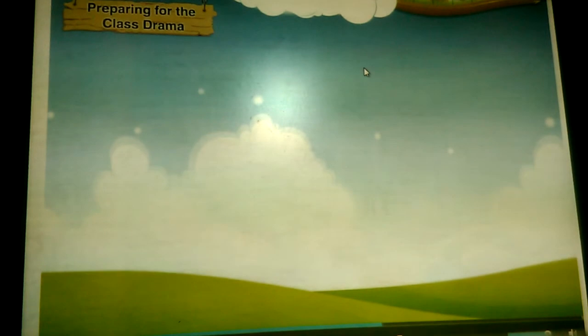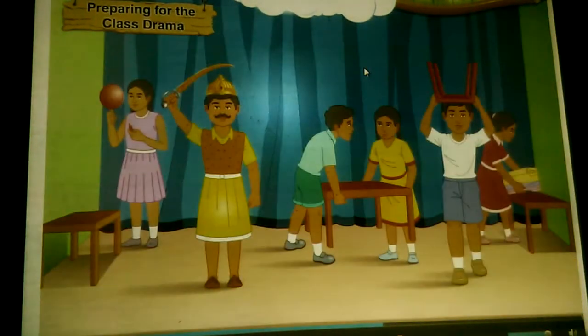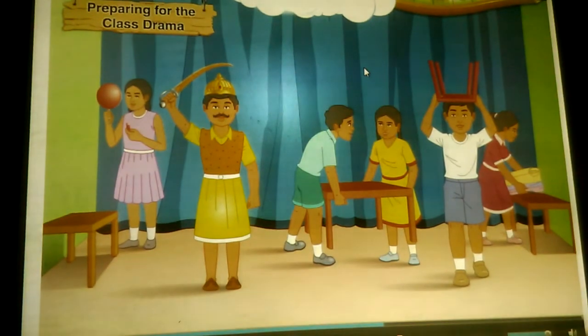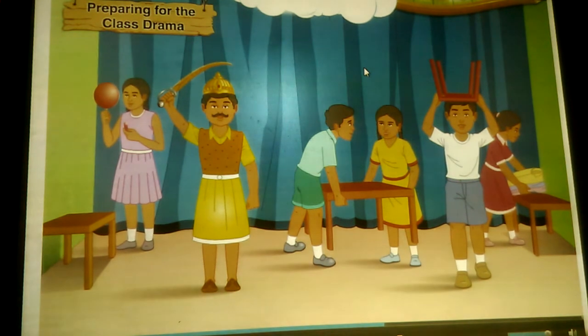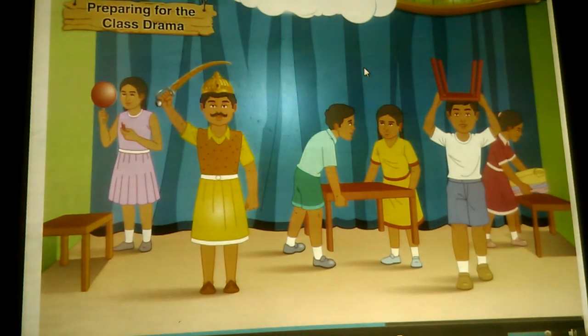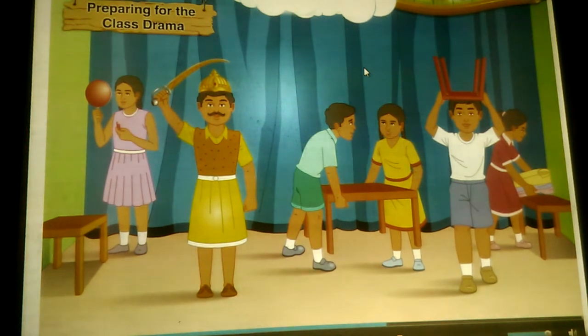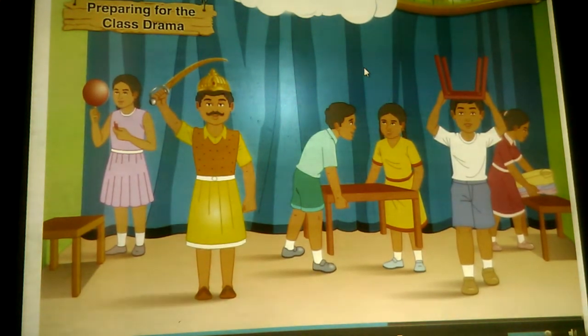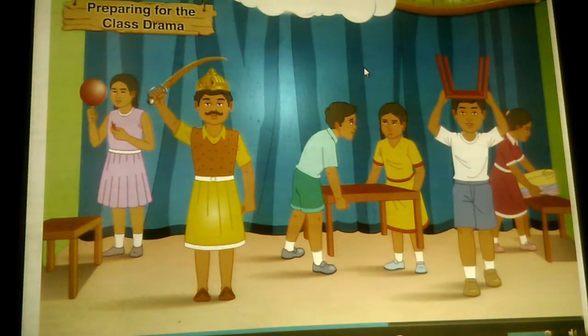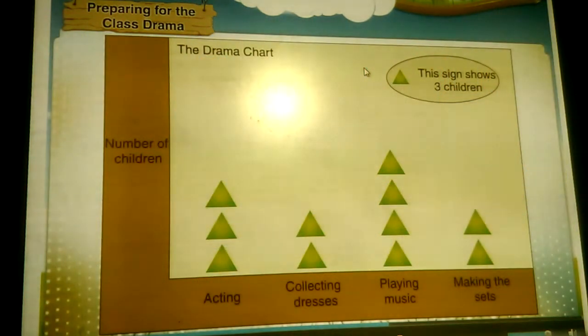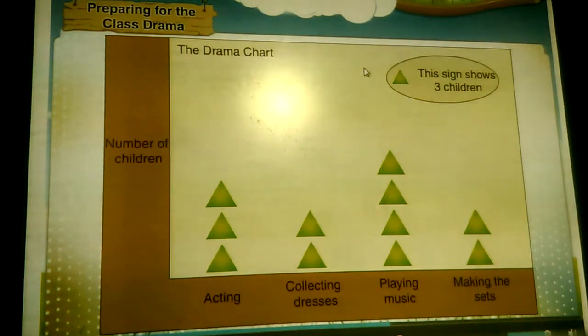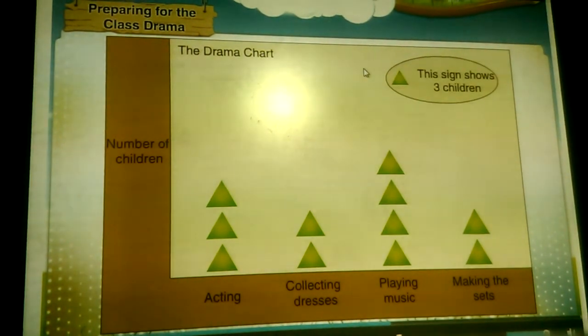Preparing for the class drama. All the children of a class are preparing for a drama. Some children are acting. Some are busy collecting the dresses. Some are bringing tables and chairs to make the sets. Here the symbol triangle is shown, which indicates 3 children.